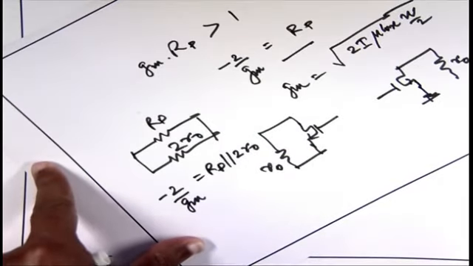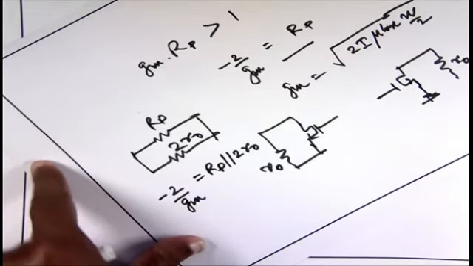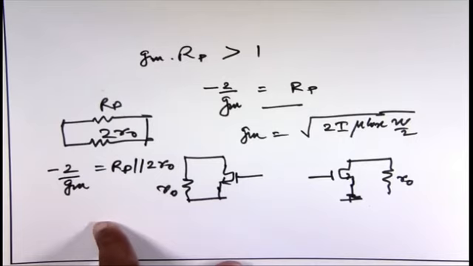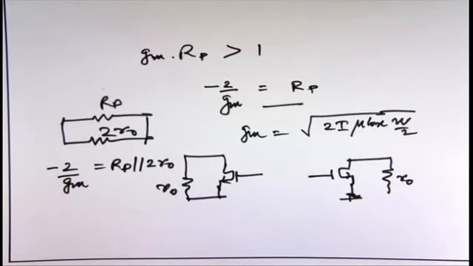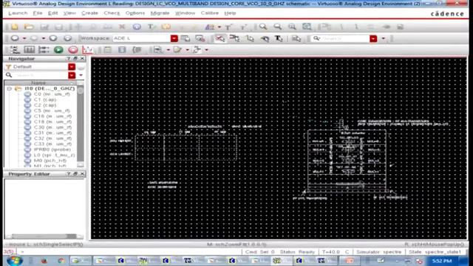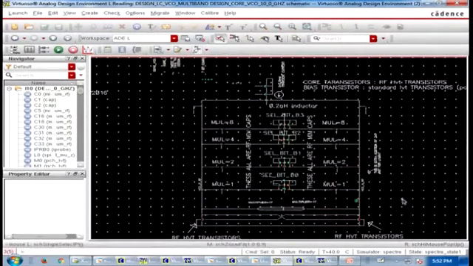In the 65 nanometer case, R0 is actually less, so this value will be less, and you have to increase GM to compensate. It means you have to burn more power, which is not visible from the normal analysis. The current consumption here is around 8.5 milliampere, whereas theoretically it may be 3 milliampere. So this is one problematic situation.